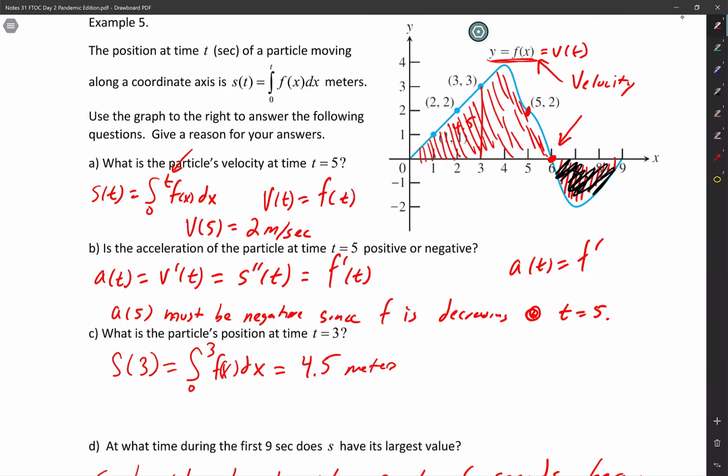How do I get acceleration from velocity? I don't remember. Yes, you do. How are velocity and acceleration connected? You take a what? Derivative? Perfect. You take a derivative. So I'm telling you this is a velocity graph. And if I take a derivative, where does it look like my derivative is 0 for my velocity graph?